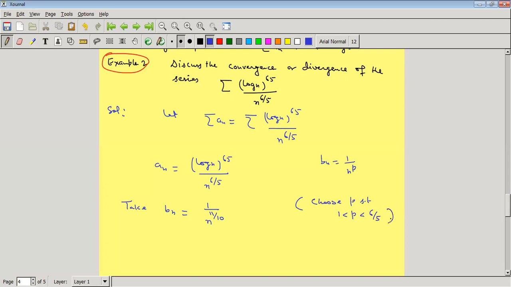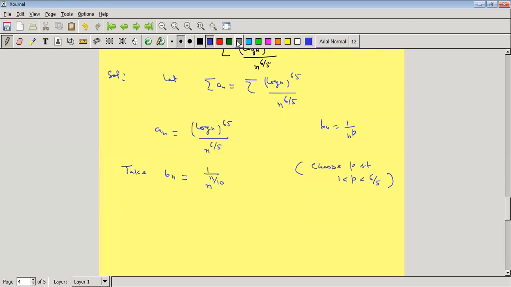Now how can we choose such a p? We have to find the value of p in between a and b. In the first chapter we already discussed, if we have two real numbers a and b, we can find a number c in between a and b, that is the arithmetic average of a and b. So c is a plus b by 2, and a plus b by 2 lies strictly between a and b.